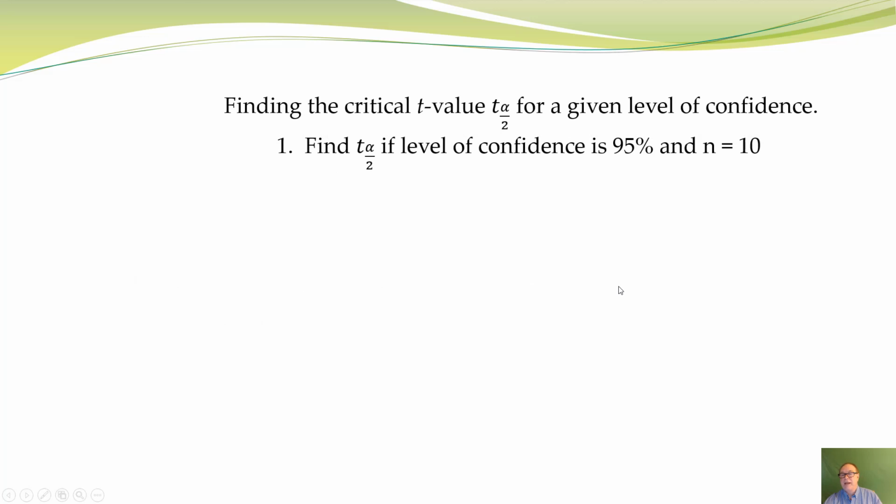Finding the critical t-value, t sub alpha divided by 2, for a given level of confidence. Find t sub alpha divided by 2 if the level of confidence is 95% and n is 10. In this case, alpha is going to be 0.05. So t sub alpha divided by 2 is t 0.05 divided by 2, which is t 0.025.